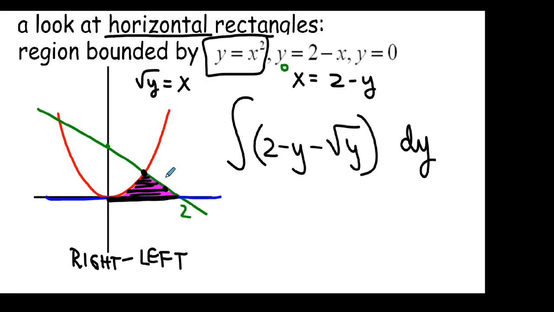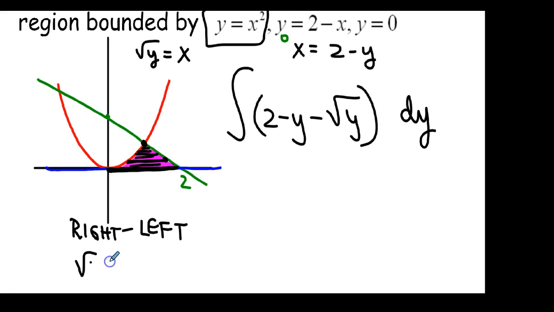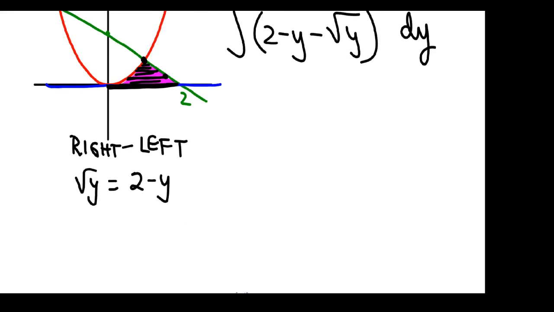You want to set the square root of y equal to 2 minus y. How do you solve that? To solve any radical equation, once you have the radical isolated, you square both sides, which means on the right you have to do FOIL.